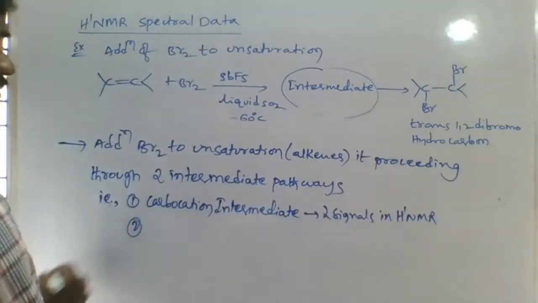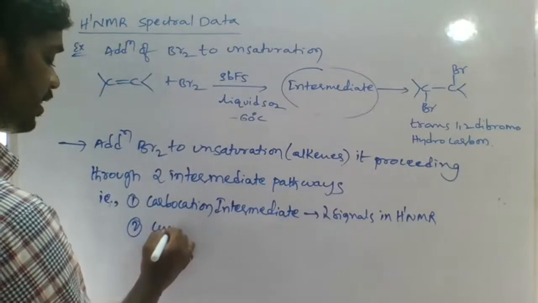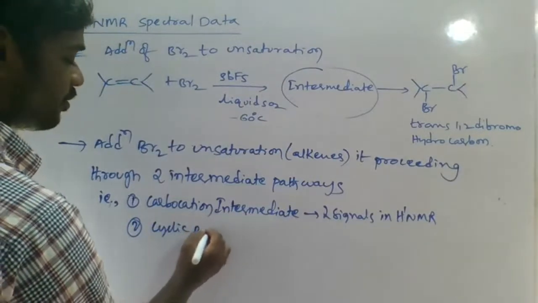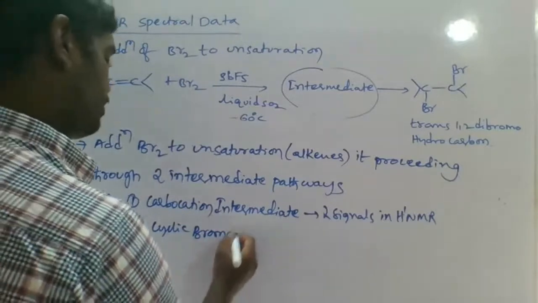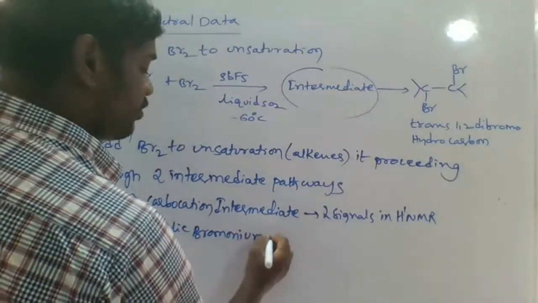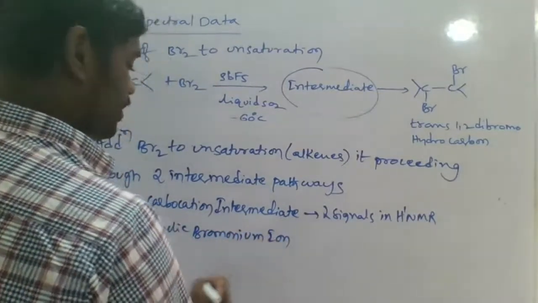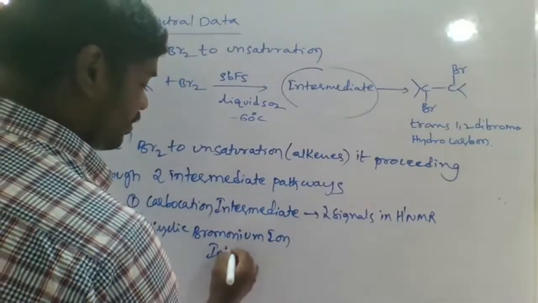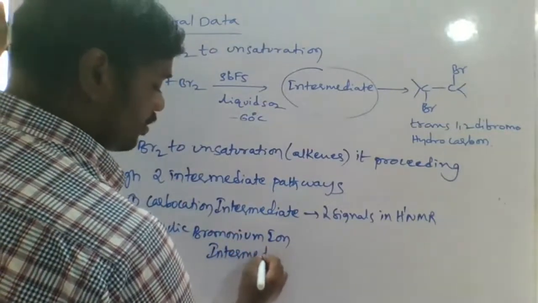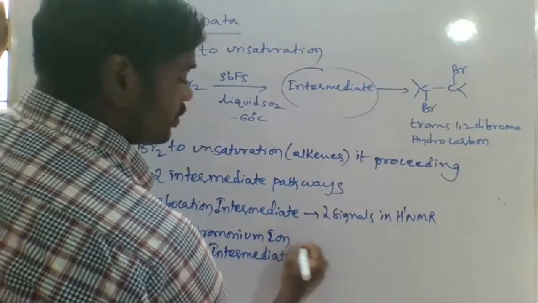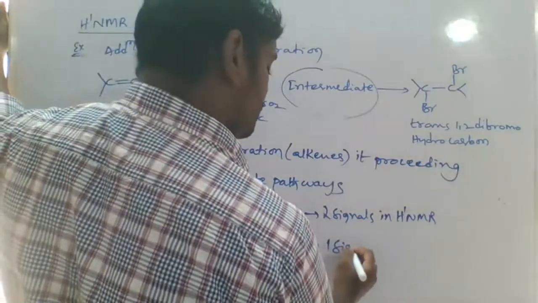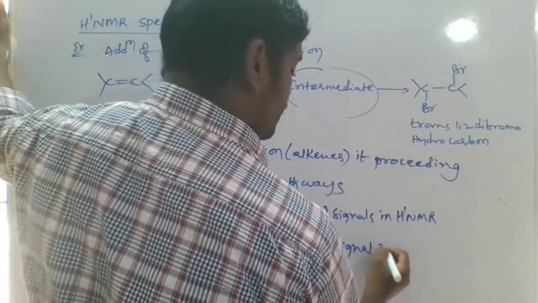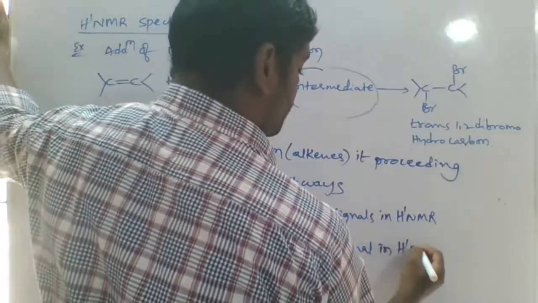The second is the cyclic bromonium ion intermediate, which gives one signal in H1 NMR.